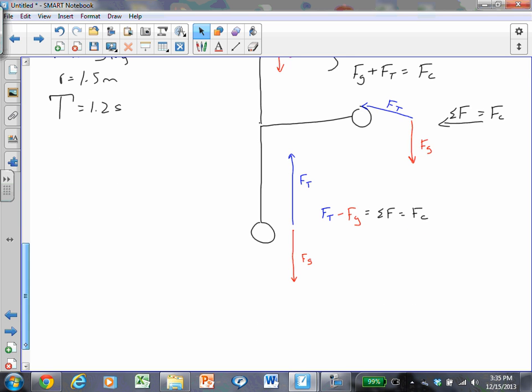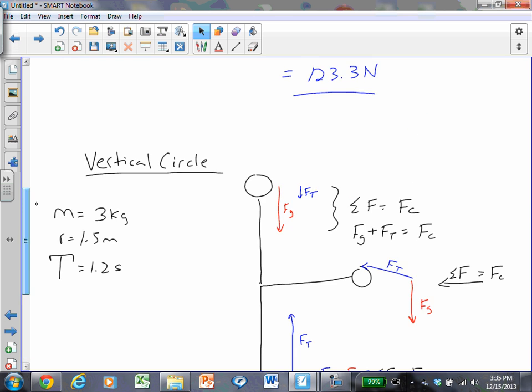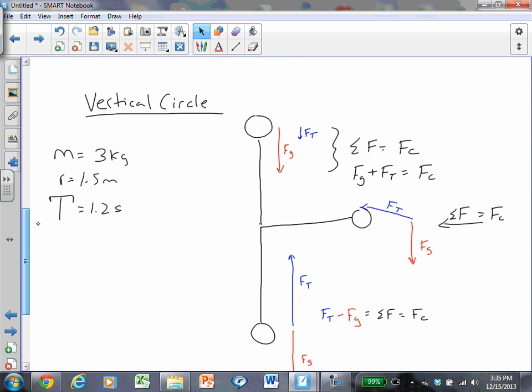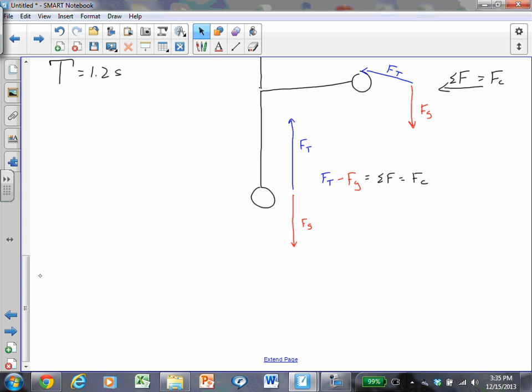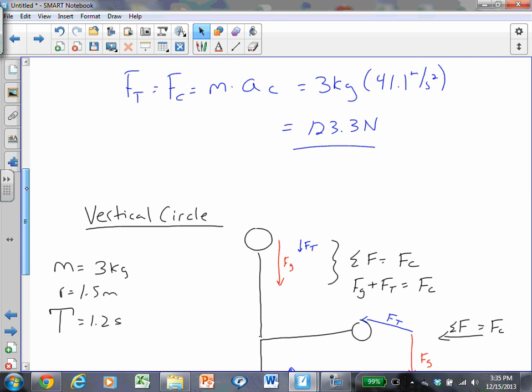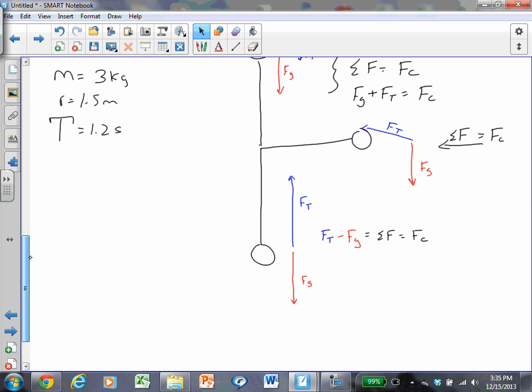You can see how your tension in the string would change as it goes around, to very little at the top to the most at the bottom. However, even though that's the case, to keep the same speed going around, which is 2 pi r over t, that would remain the same as before.